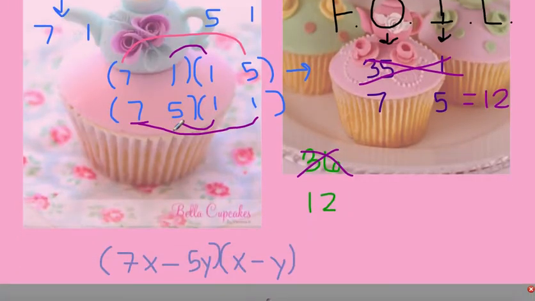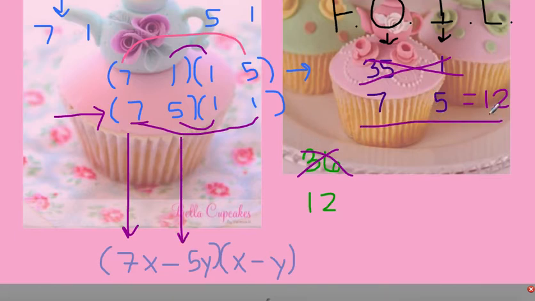So this one's easy. There's going to be no addition sign, so it's all going to be negative. So we have 7x minus 5y times x minus y. We know this is the correct order because when we have our terms set up like this, our 7 and then our 5, we get a combination of 12.